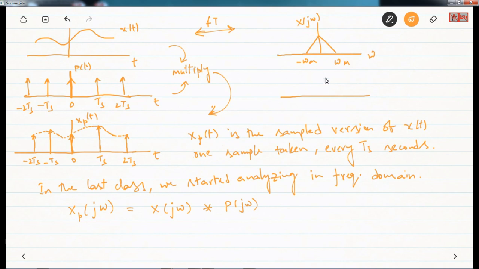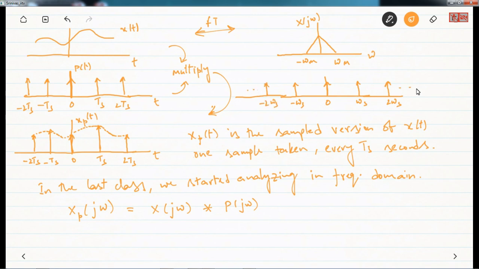And then what is the Fourier transform P(jω)? It's a periodic impulse train. Let me write this: this is ωs, this is 2ωs, this is minus ωs, and then minus 2ωs, and so on.